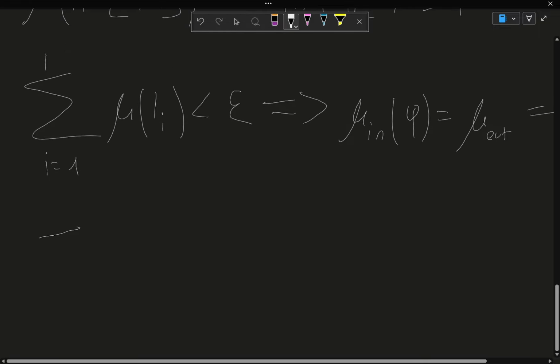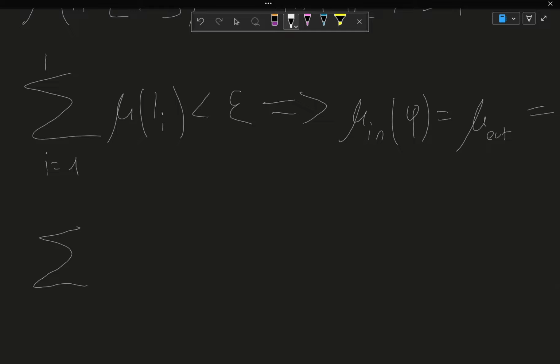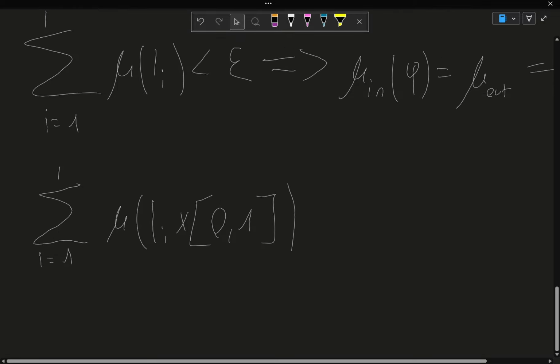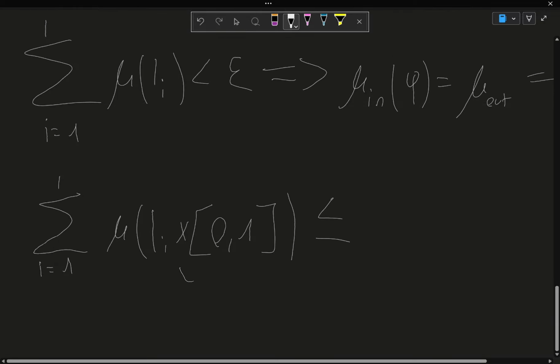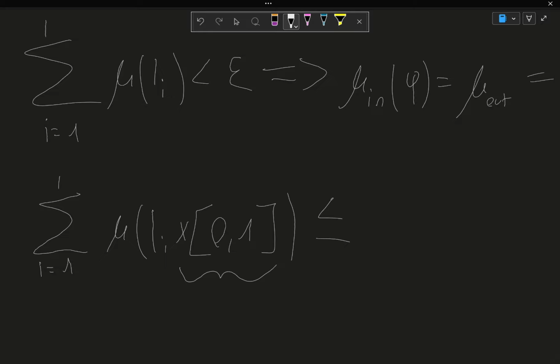So to the proof itself. So we have the sum of i equals 1 up to L of mu of I cross 0, 1. And this is less or equal. You can think of it right here as we just take some element in this interval.